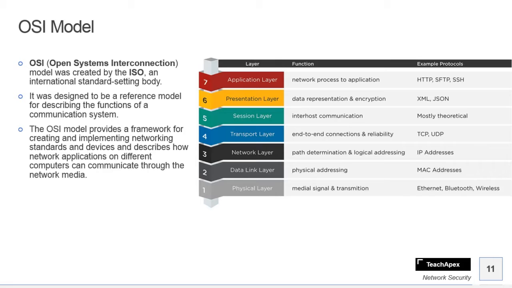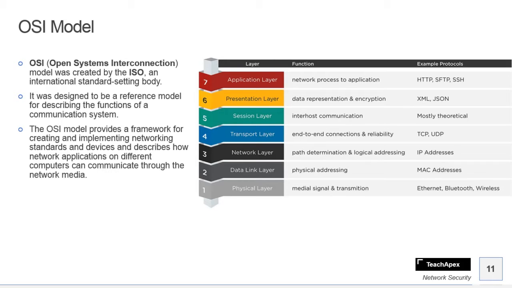Then next we have the network layer. Logical addressing and routing are the major operations performed by the network layer. It is the third layer, and it functions for path determination and logical addressing. It translates the network logical address into a physical MAC address.